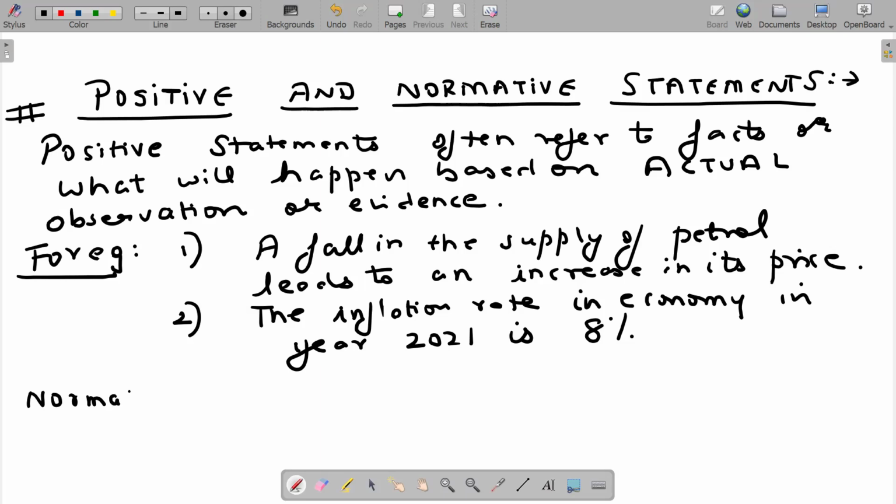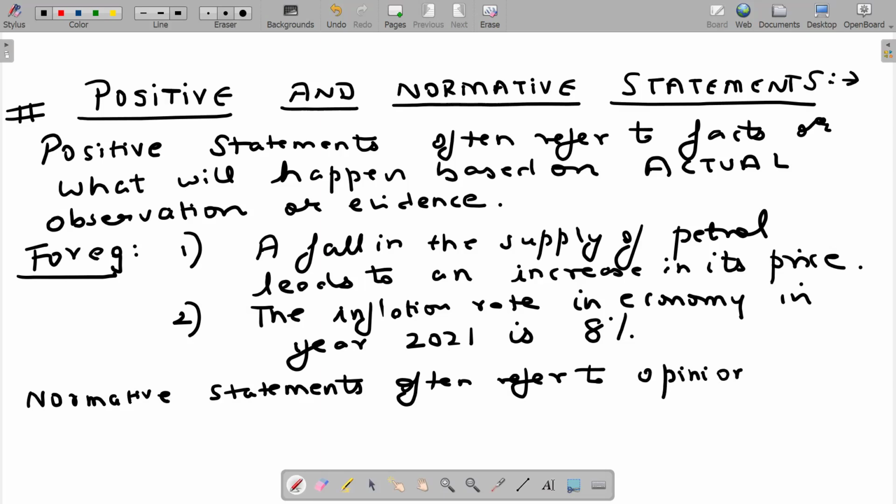normative statements. Normative statements often refer to opinions.